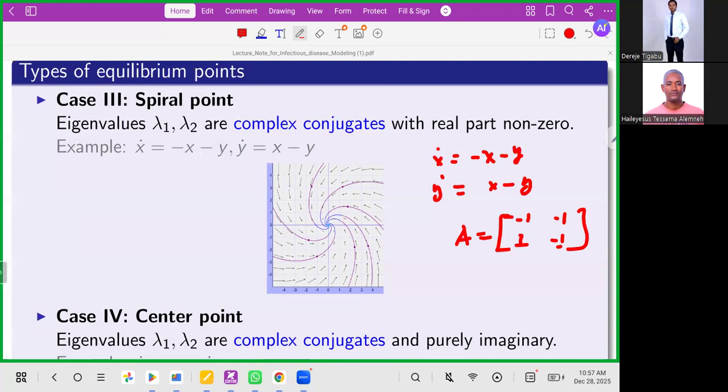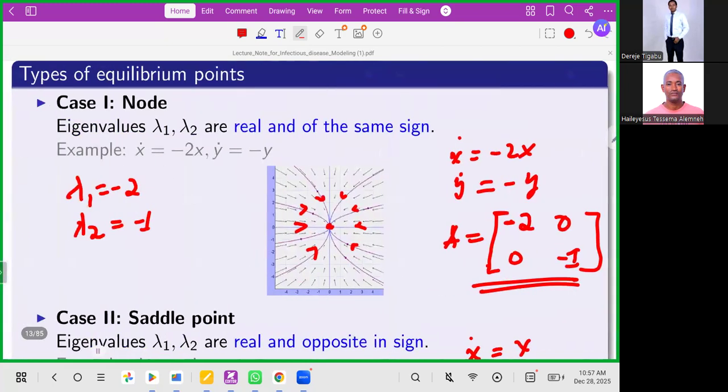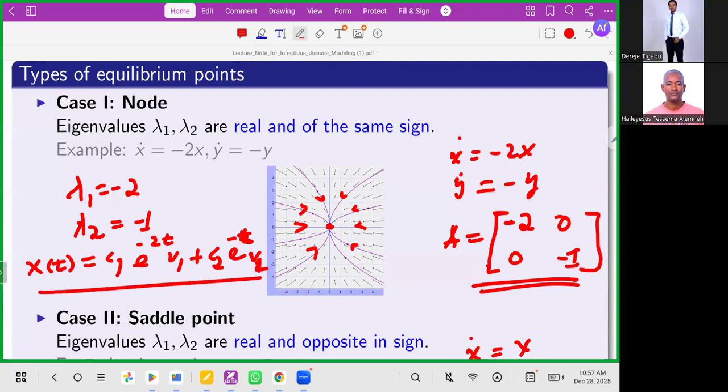What I want to mention is that once we know the eigenvalues, we can find the general solution for the given differential equation, which is c1 times e to the power of minus 2t v1 plus c2 times e to the power of minus t v2, which is the general solution. v1 and v2 are the eigenvectors corresponding to the eigenvalues lambda 1 and lambda 2.